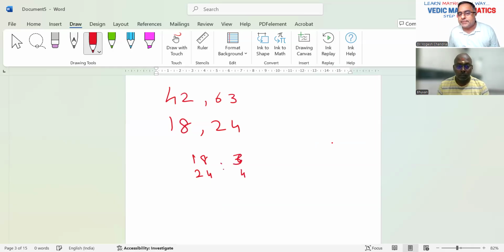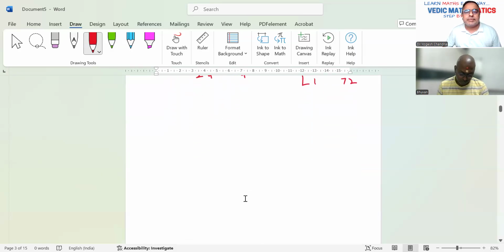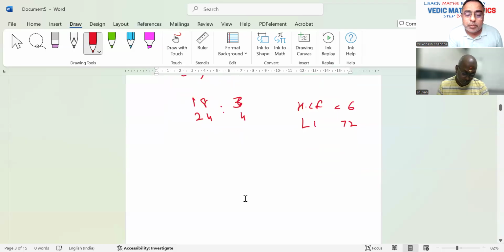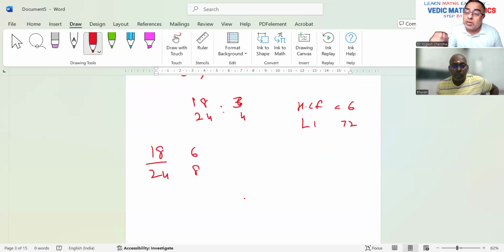Correct. I stopped at 6 by 8 only. Earlier I did 3 common, after that I thought about it. Even if you do it by 3, let's say 3 sixes are 18, 3 eights are 24, then we do it further.